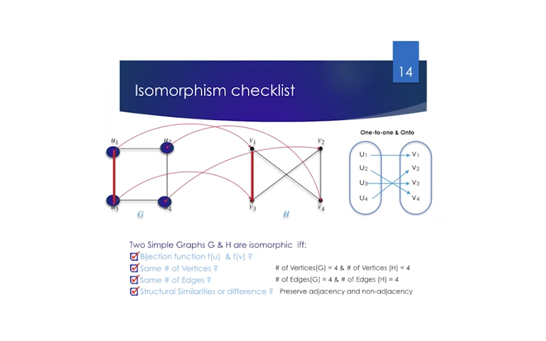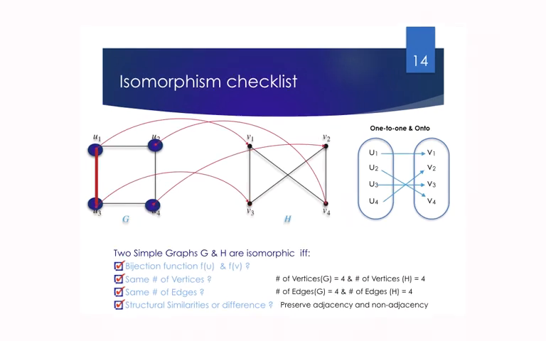You will see now v4 is mapped to the vertex u2 and v3 is mapped to u3. Now u2 and u3 are adjacent to u1. So we have now preserved the adjacency and non-adjacency between the two graphs, so we could conclude that those two graphs are isomorphic.